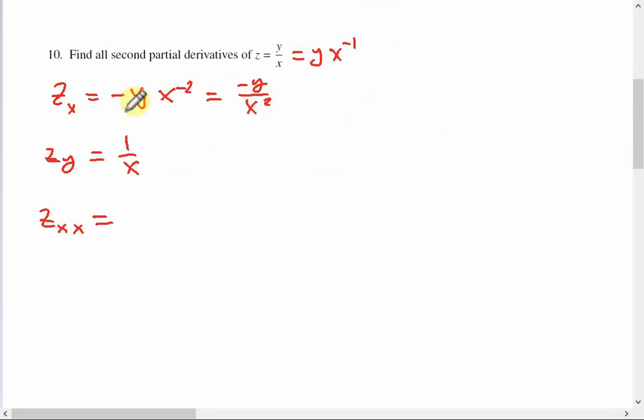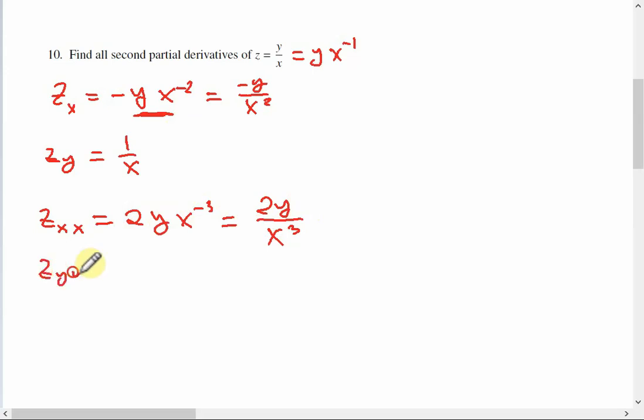And that's this one with respect to x, so it's best to just use it here. I'm going to bring the minus 2 in front to get negative times negative 2, so that's going to be positive 2y, and I'm going to reduce that by 1 again, so x to the minus 3. Now this time, since I'm looking for the second partials, I do want to get rid of the negative exponent to write this as 2y over x cubed. So there's your second partial with respect to x.